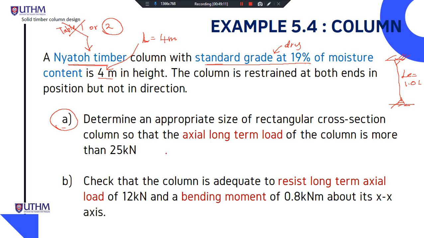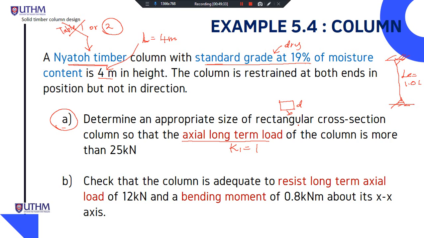First is case A, where you need to propose a rectangular cross-section column for the long term, meaning our K1 is equal to 1.